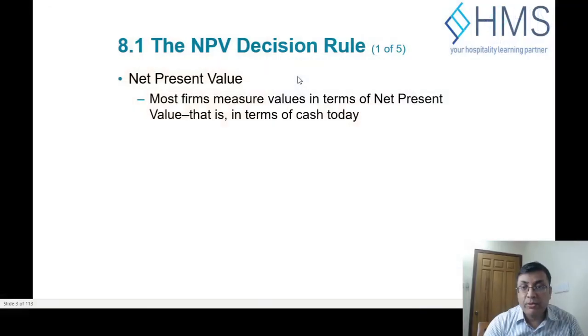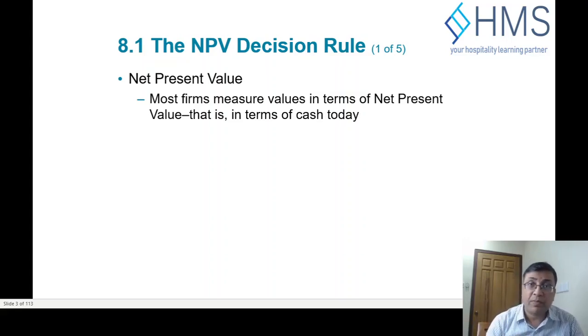Net present value means we are going to use the time value of money to evaluate whether the project that we are undertaking is worthwhile or not. Most firms today use the net present value in terms of cash today, because when you are investing money into the project, you are investing today, but the returns will come in 1 year, 2 years, 3 years, or 10 years.